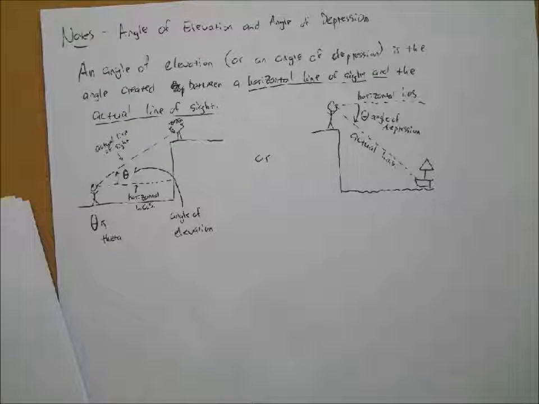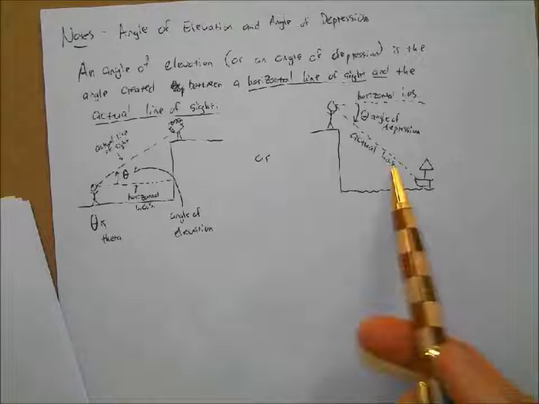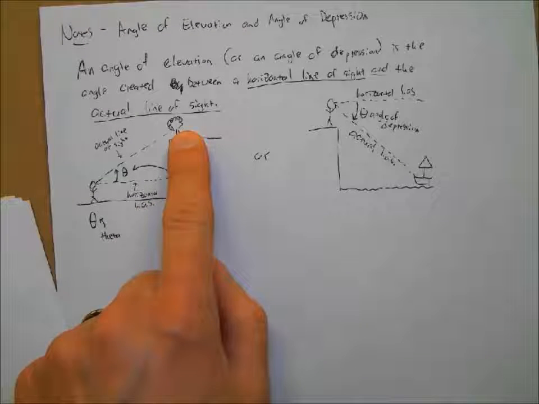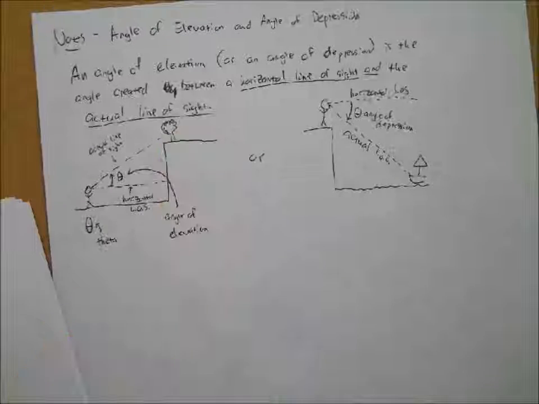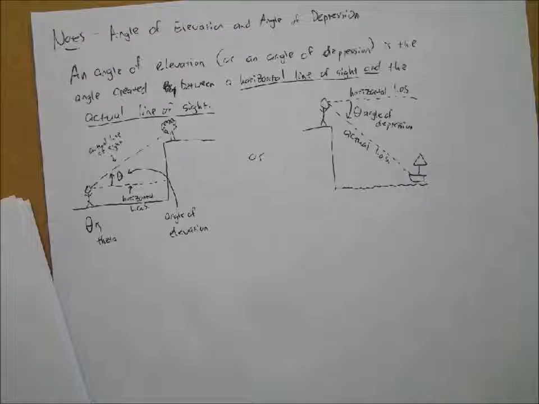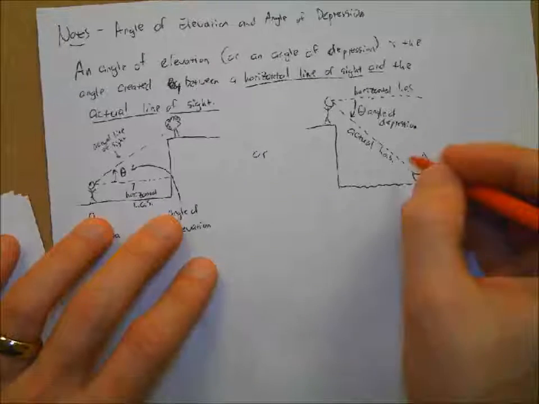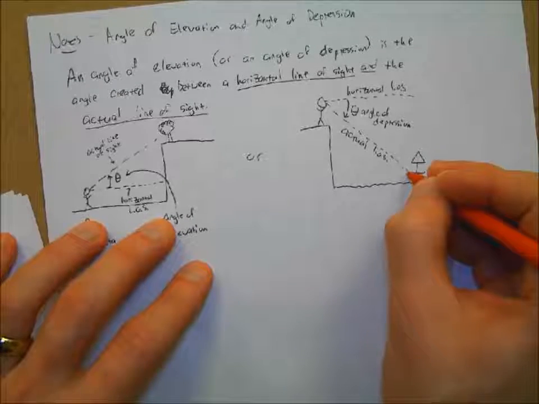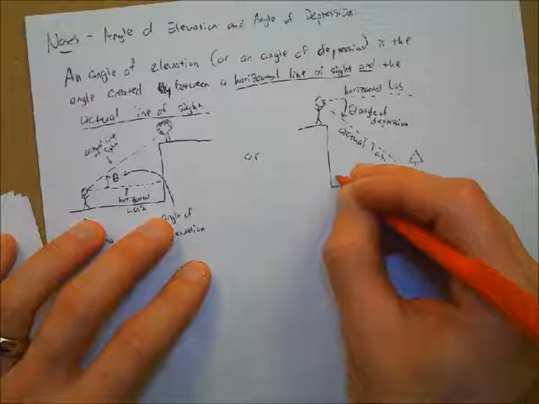Now, in a scenario like this, it doesn't really make sense for a tree to observe a human, right? But we could talk about someone on the boat observing the person on the cliff. In which case, if the boat were the observer, then their horizontal would be right here.